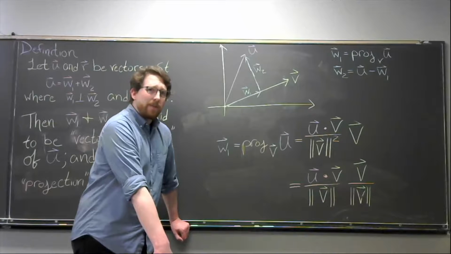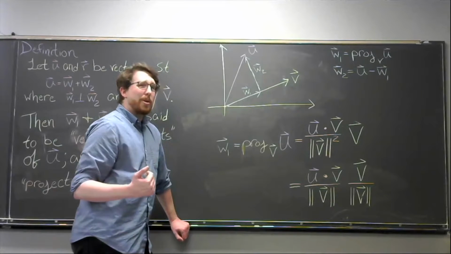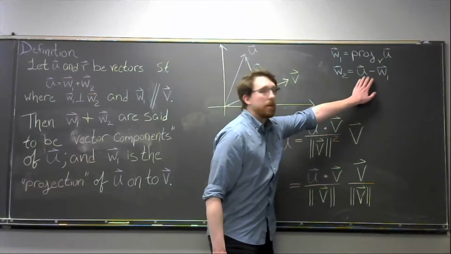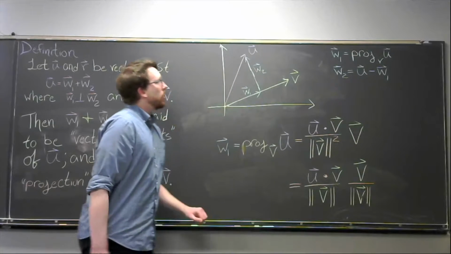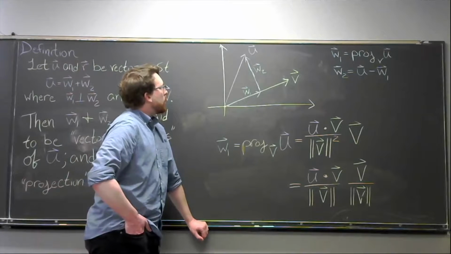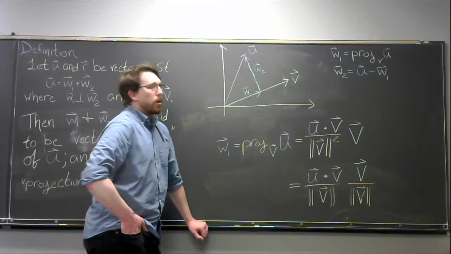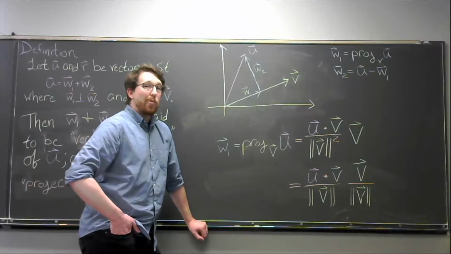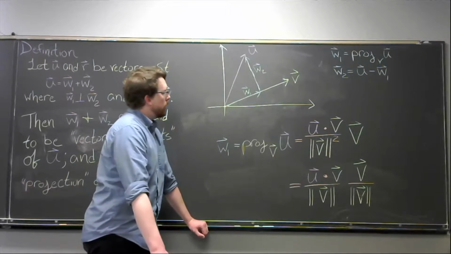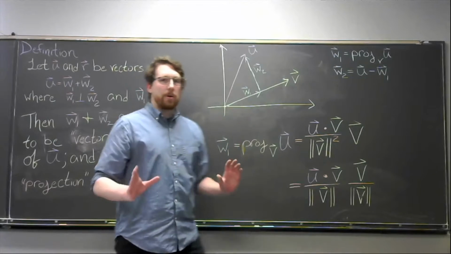Well, to find out what's missing from W1, why don't we just subtract W1 from u? This expression right here. What I'm saying is, if we take u and we remove W1 from it, what's left over is W2. And that's what all of this is about.